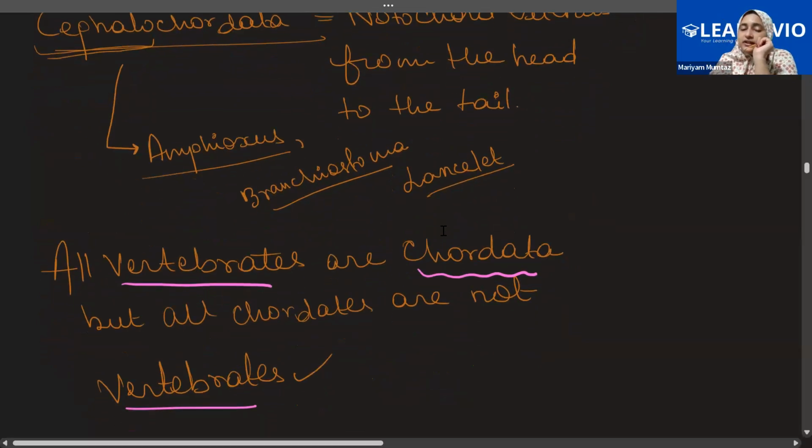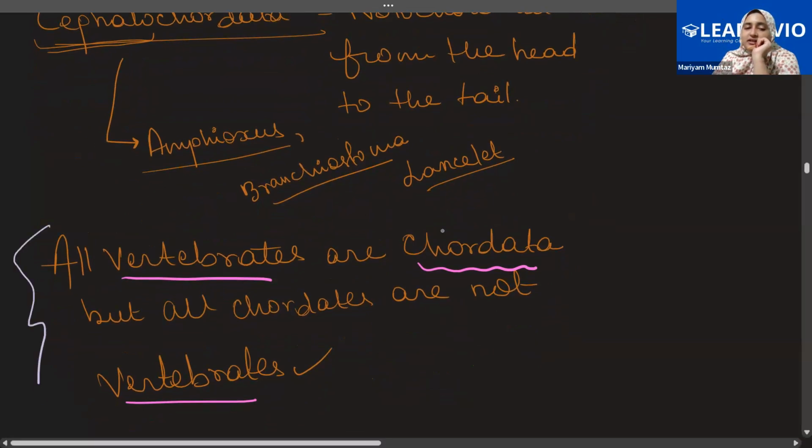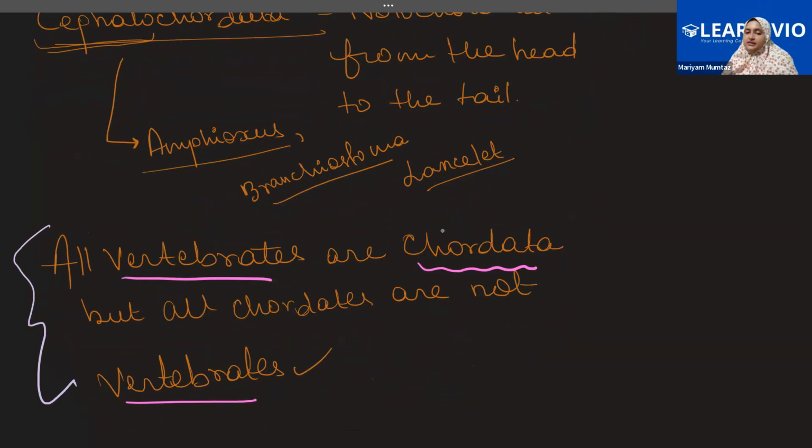Now, all the vertebrates are chordates, but all the chordates are not vertebrates. Can someone explain this? What does this line mean? That all vertebrates fall under phylum Chordata, but not all chordates are vertebrates.